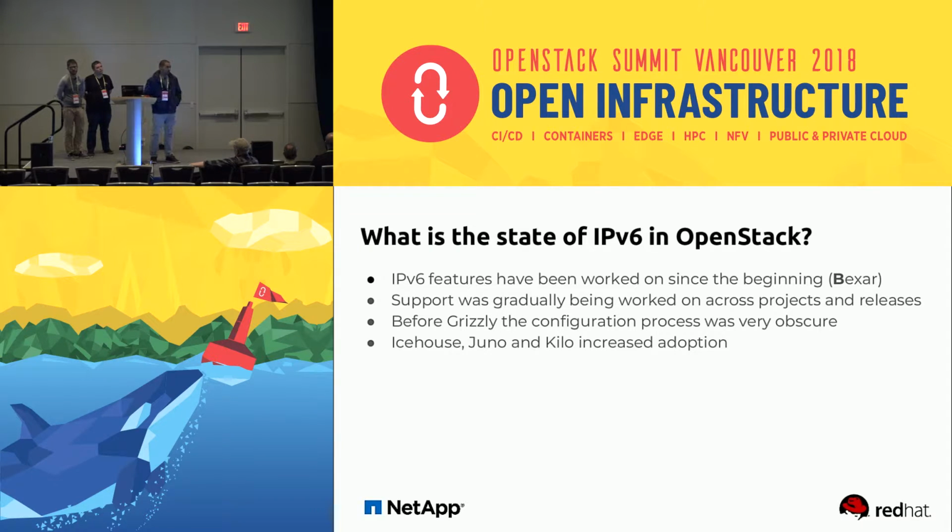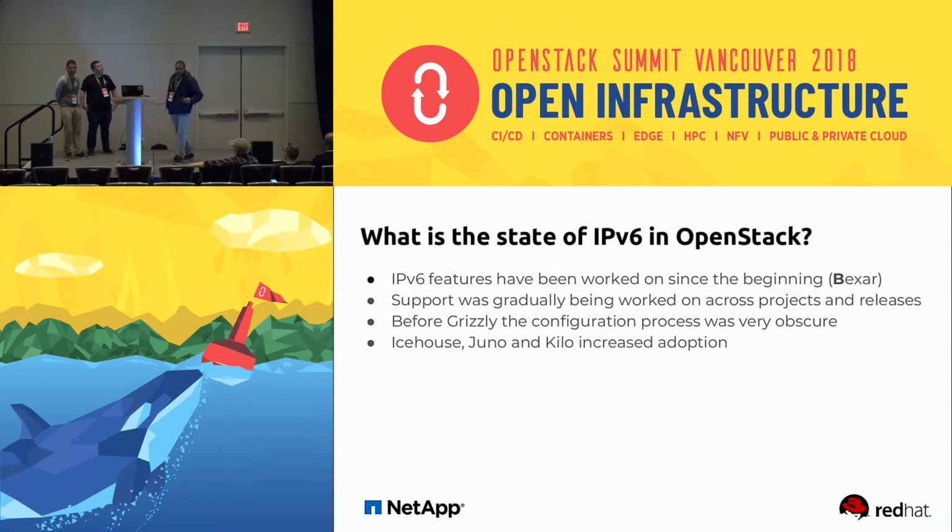But initially, as the maturity of OpenStack wasn't good, the support for IPv6 was very low. I mean, very few deployments had tried to experiment with that.